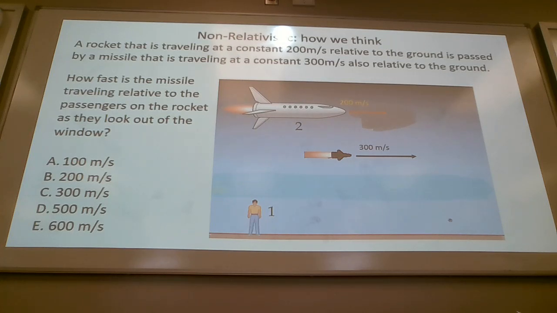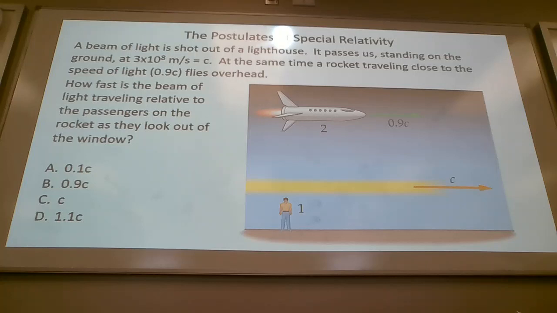Okay. So we're going to soup up this spaceship, and we're going to say it's now going 90% the speed of light. So instead of going 3 times 10 to the 8th meters a second, we're going to go like 2 times 10 to the 8th meters a second. Okay.